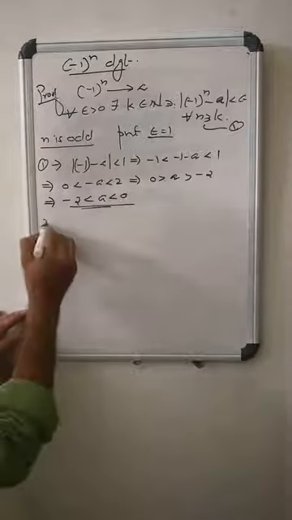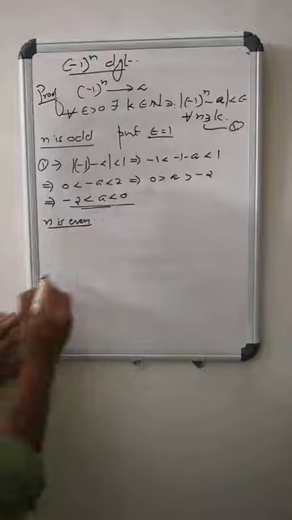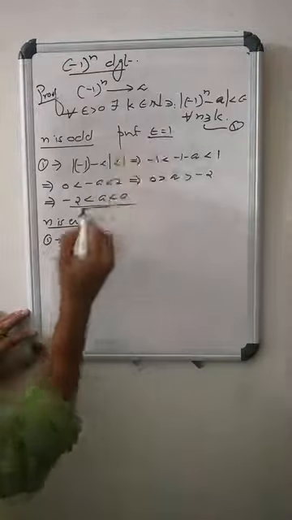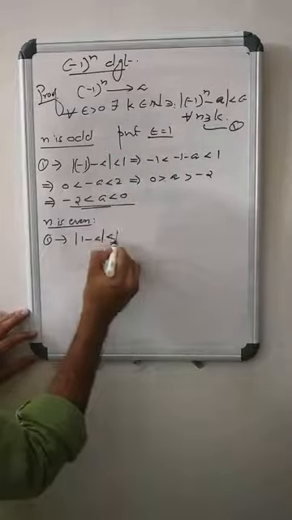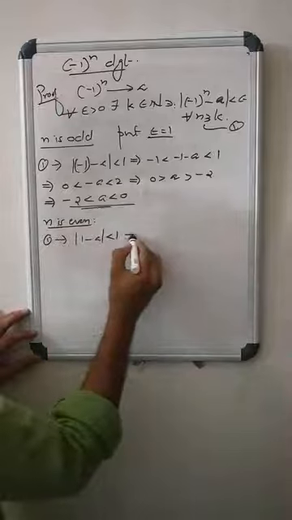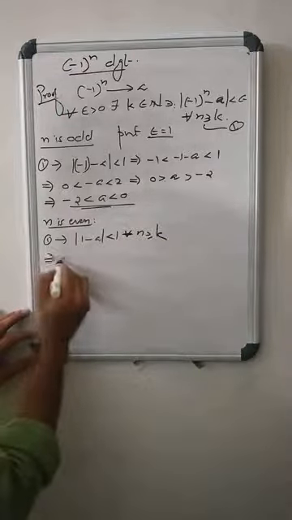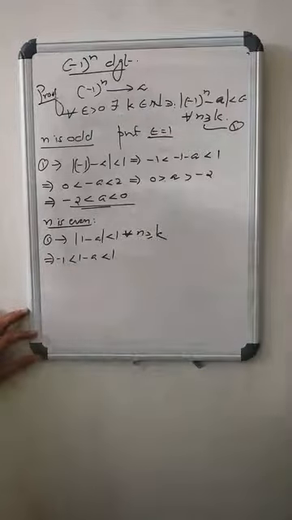If n is even, what happens? When n is even, again put epsilon as 1, and the relation becomes modulus of 1 minus a is strictly less than 1, for all n greater than or equal to k. That means minus 1 is less than 1 minus a, which is less than 1.